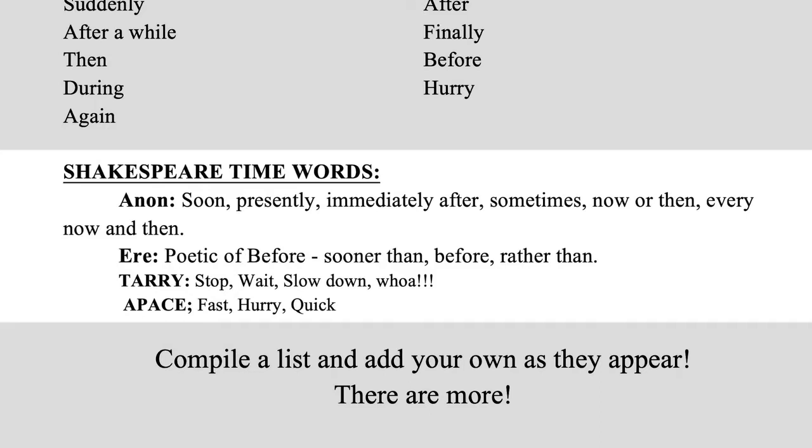Sooner than, rather than, could also be meanings for ere. And we just said tarry, which means stop. This is not the complete Shakespeare list of time words. Again, I want you to now start to get involved and come up with your very own time words.